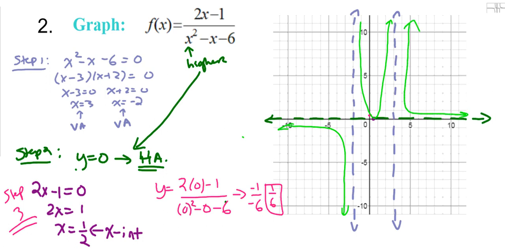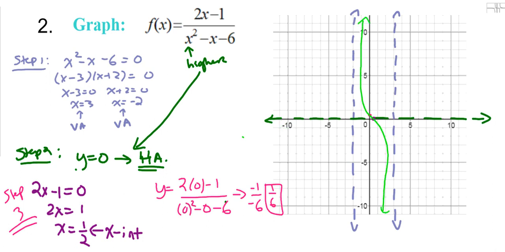That would still be a function, but I don't know if that's right or not. I'm just guessing. This could go through the points like this, but still obey the horizontal asymptotes. And maybe we've got one here and one here. So we don't know, and that's why we need a table. The table is going to help us know where to do our sketch. So let's get those out, because that's not right.